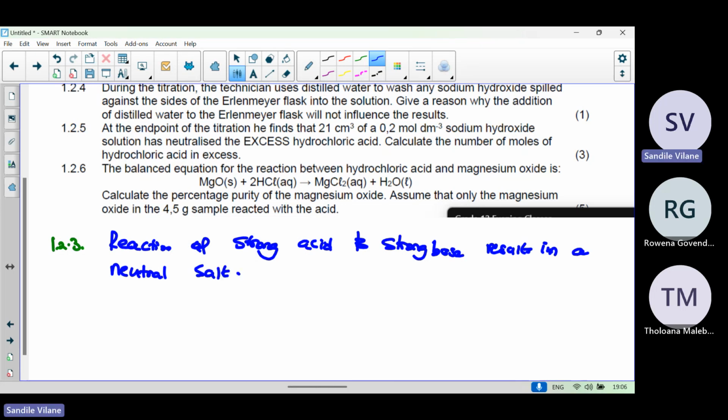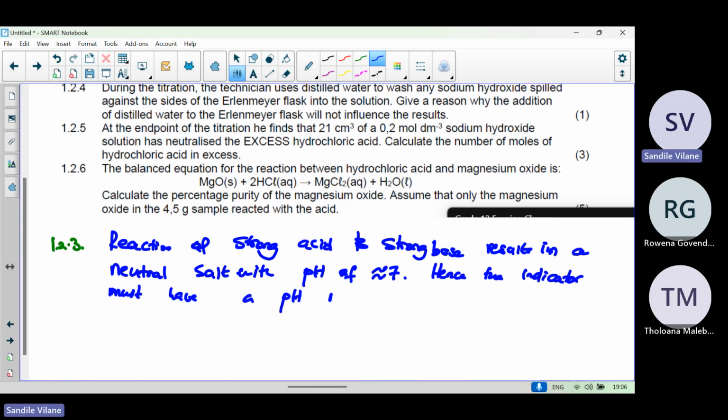A neutral salt will have a pH of approximately 7. Hence, the indicator must have a pH range of approximately 7. So we are informed by the strength of the acid and the strength of the base.